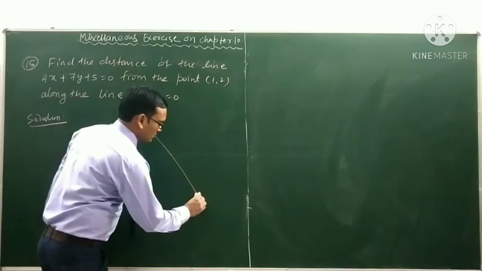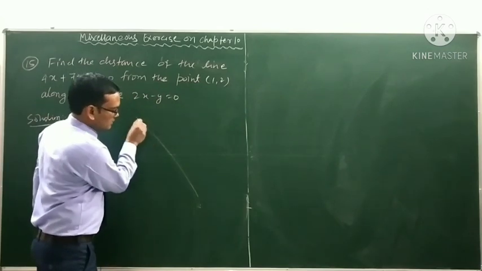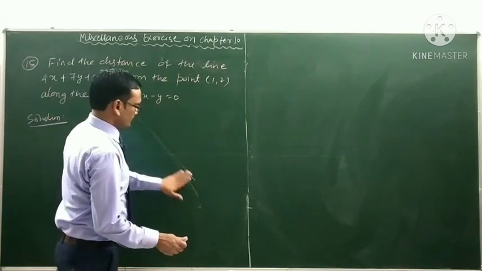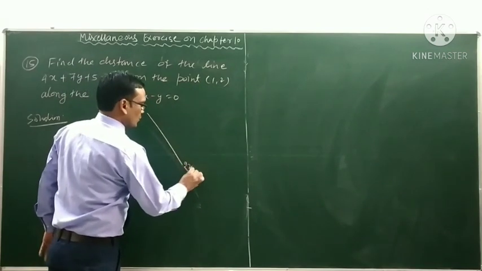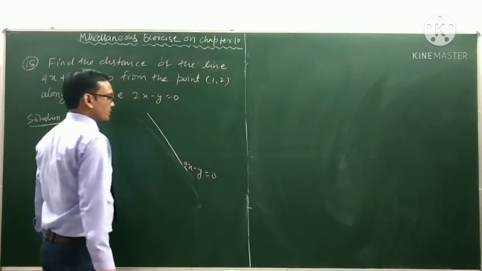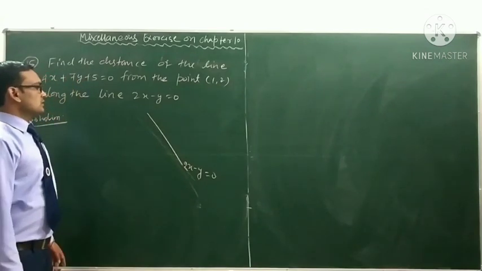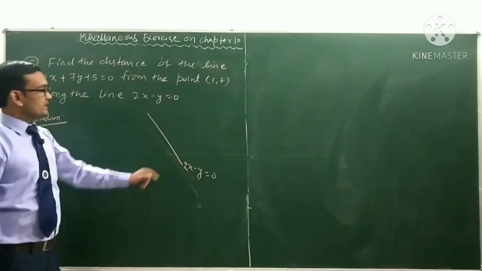Suppose that x minus y equal to 0, which is the equation of this line.